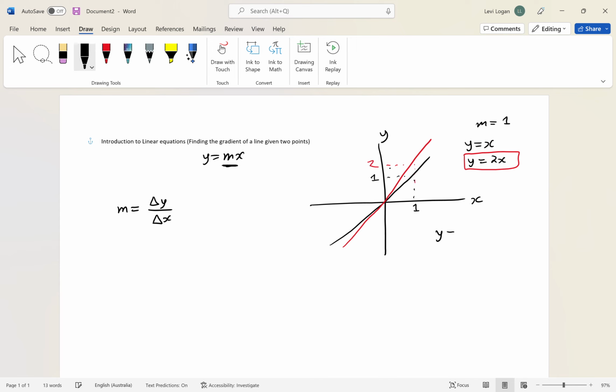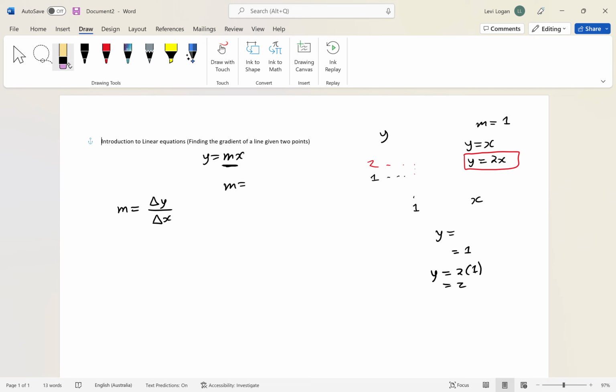So depending on what our m value is will determine the steepness of our graph.